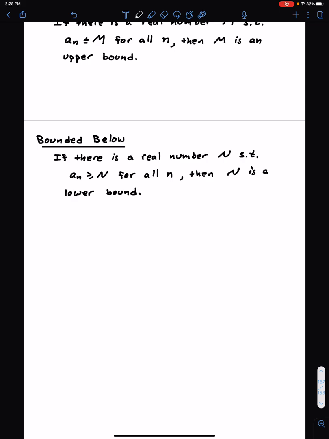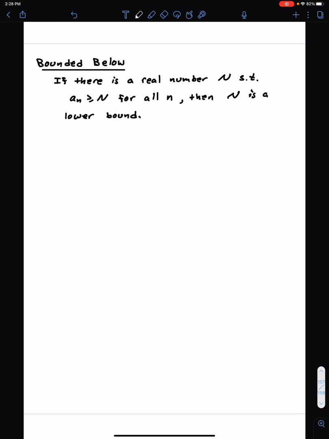A sequence with both an upper bound and a lower bound is bounded.